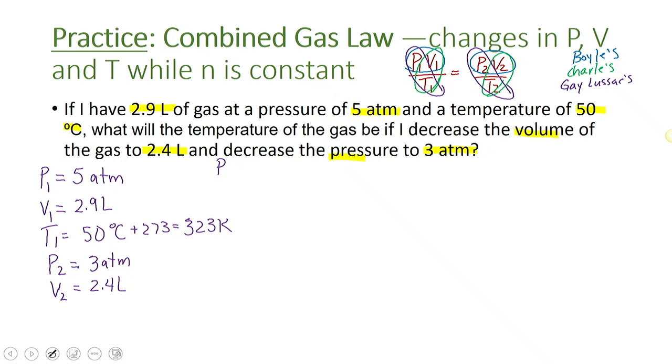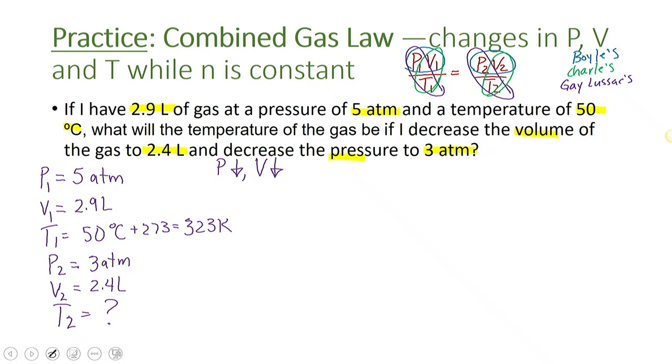All right, so let's see what's happening. Our pressure is decreasing, and our volume is also decreasing. So we're decreasing the pressure and decreasing the volume. Now we want to know what happens to our temperature. If we take a look at Gay-Lussac's law, if our pressure decreases, then our temperature should also decrease.